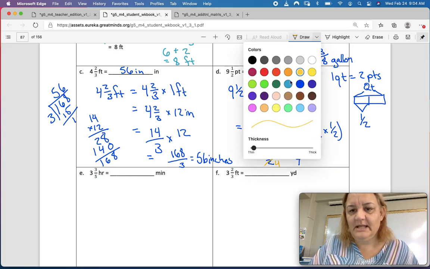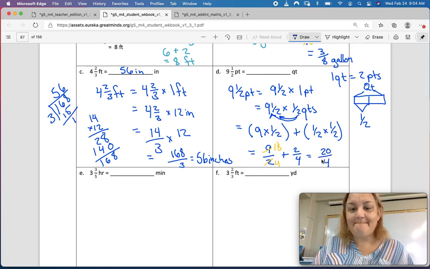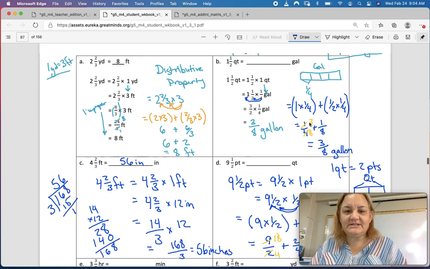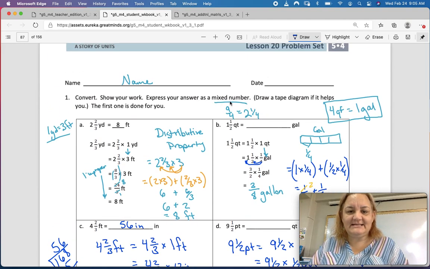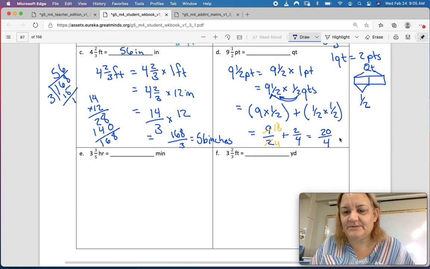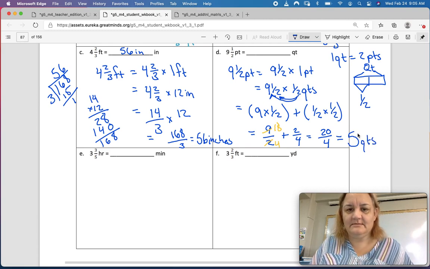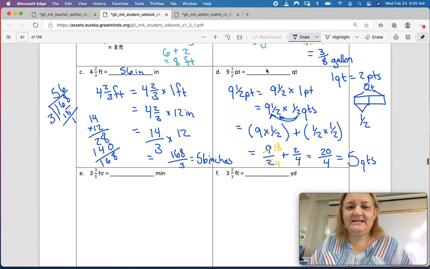And my new answer is 20 over 4. But in the directions, it said as a mixed number, so they don't want an improper fraction as the answer. So we are going to convert that into 5 quarts. 9.5 pints equals 5 quarts.